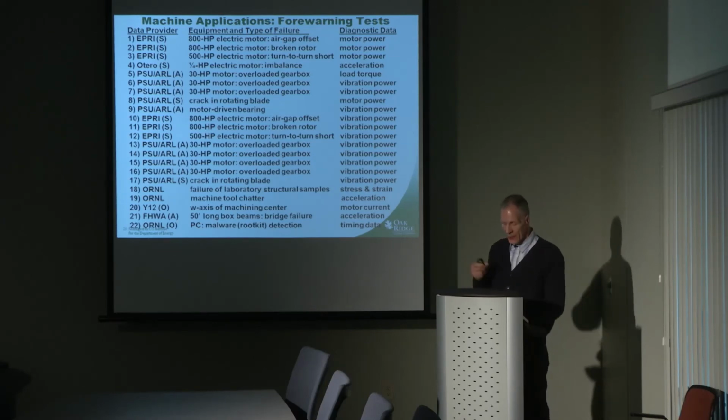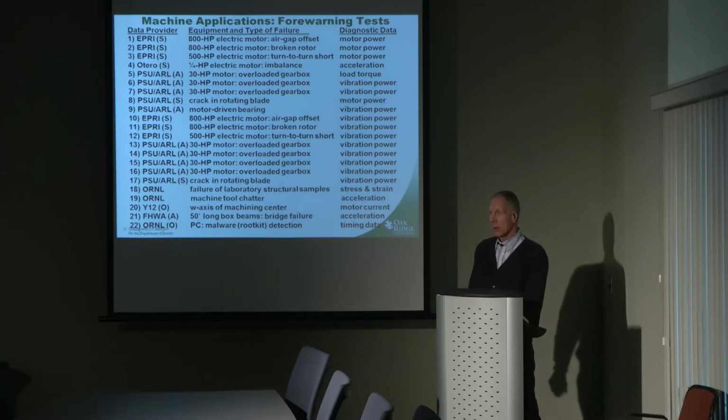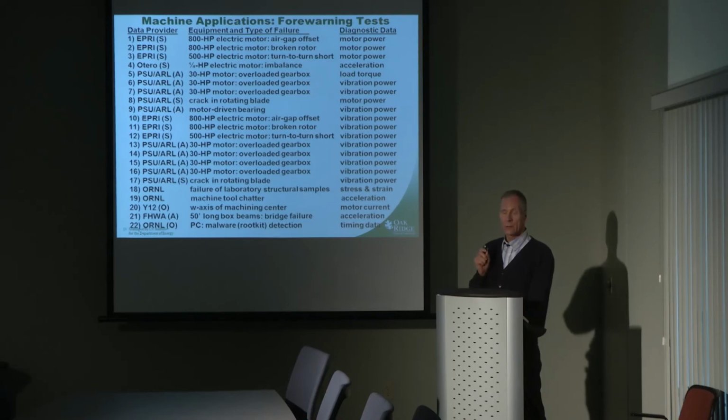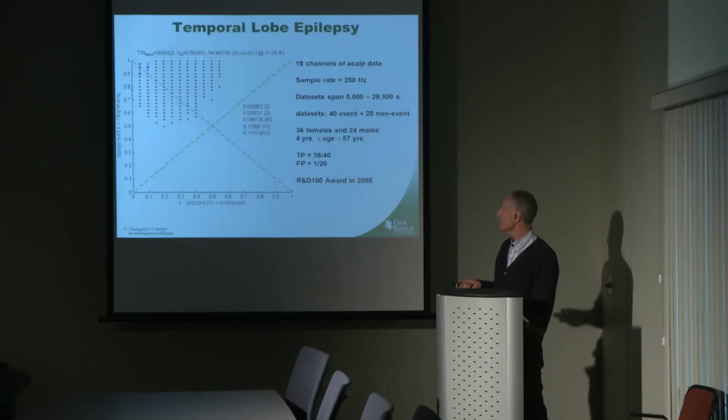So the total true rate here is 20 out of 20. And what makes this work is that this is the theorem-based technique that is data agnostic. So given the data that is indicative of what's going on, one can then forewarn or detect the failure.